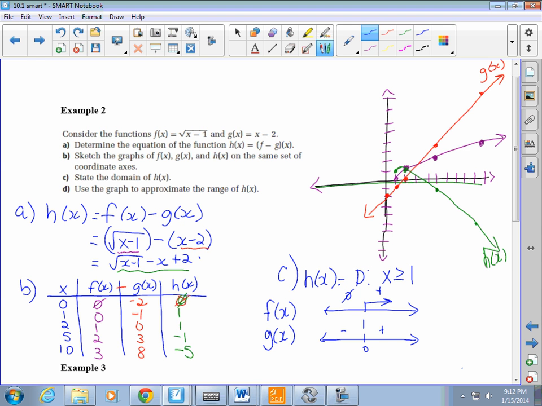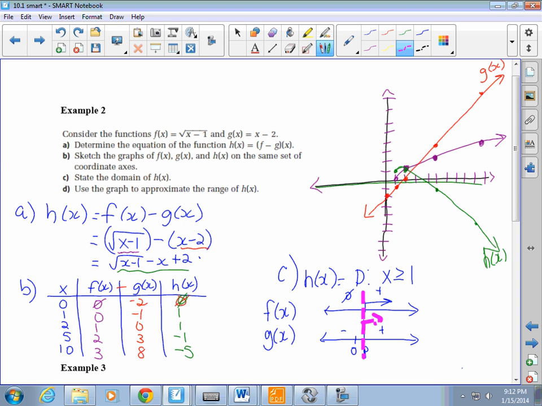Well, that 0 should have been over here. This should be 1. That would be 0. So what do they have in common? Everything to the left of, or to the right of 1. So that's where that x is greater than or equal to 1 comes from. And you'll use that when you're not actually drawing the graphs. You're just supposed to look at the equations.